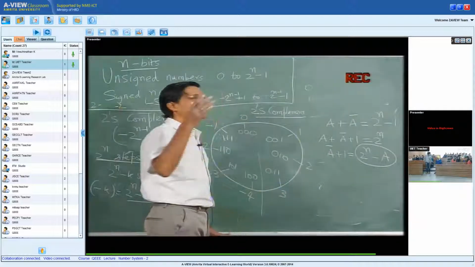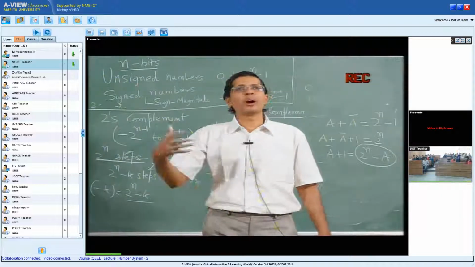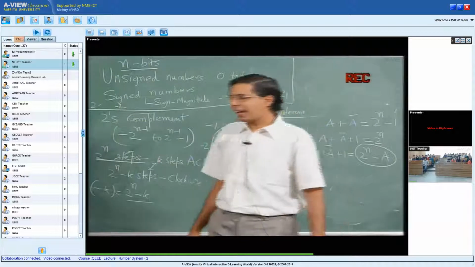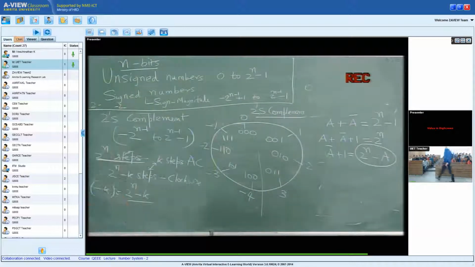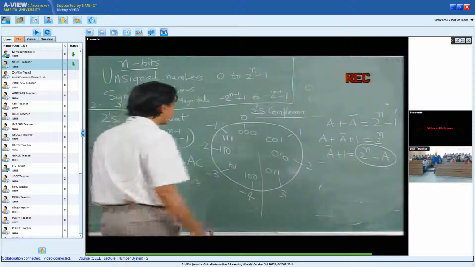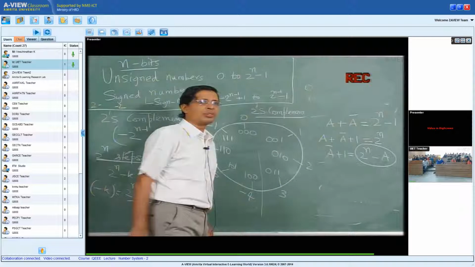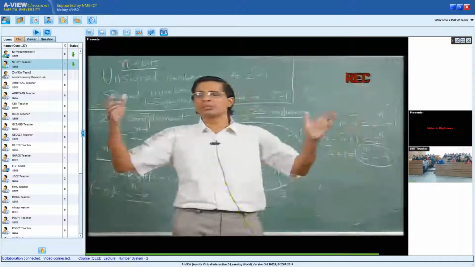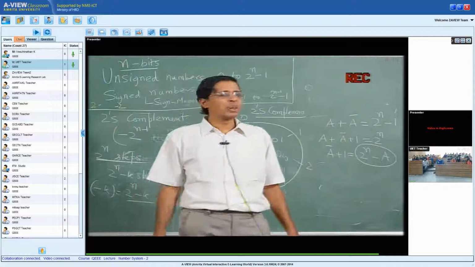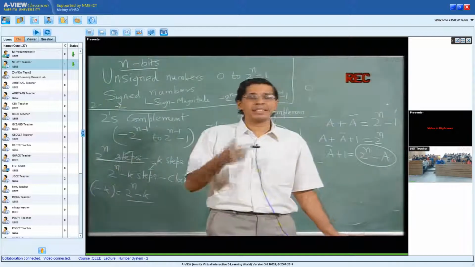it is exactly half of 8. So I want to model -4 as 2 power n minus 4. Since I have only 8 steps, -4 essentially becomes -4 again. If I have 5-bit arithmetic where I can go from 0 to 31, your -4 will become 32 minus 4, which is 28.